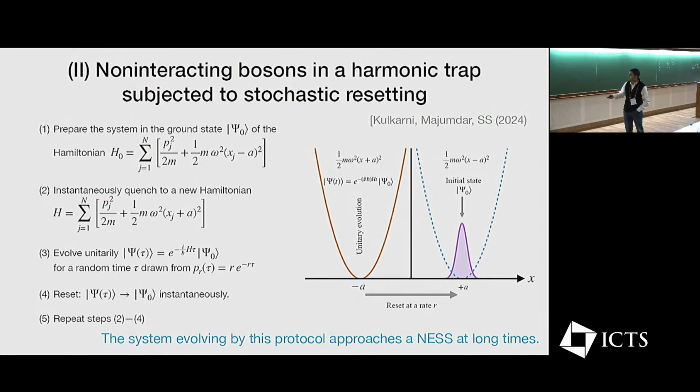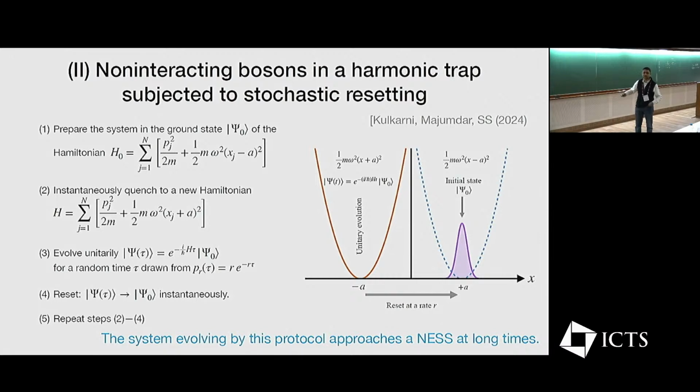The time for which you want the system to evolve is a random variable, and you draw it from this exponential distribution. And at the end of this time, you reset the wave function to the ground state of this potential.